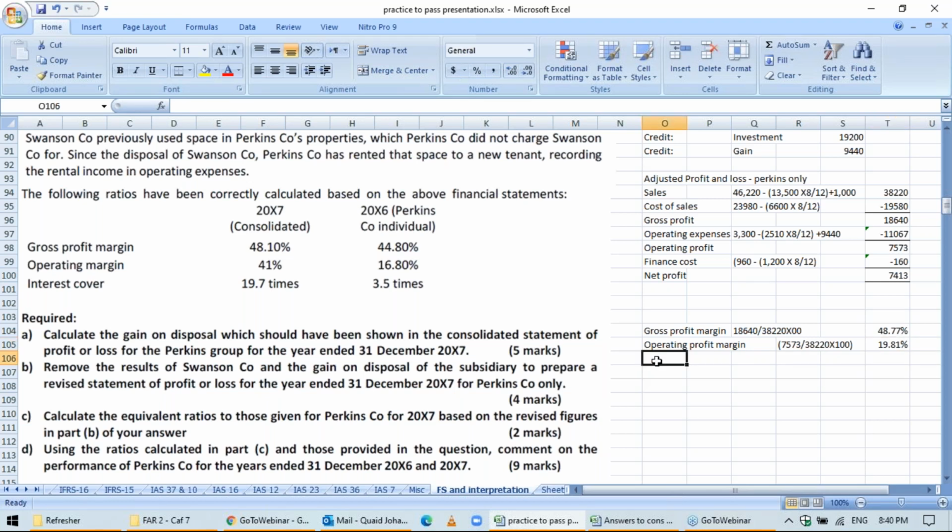And then the interest cover. So the interest cover is operating profit divided by the interest. So the operating profit is 7573 divided by the interest, which is 160.